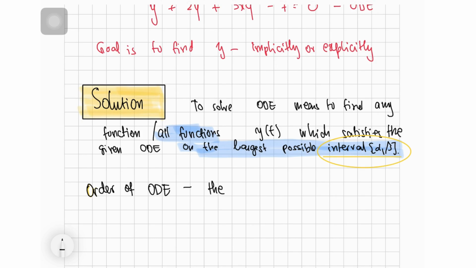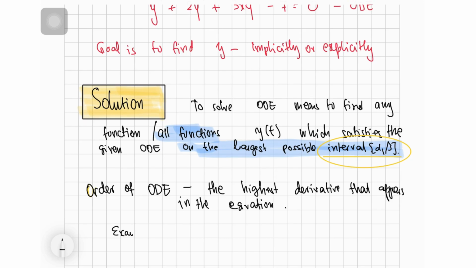The order of an ODE is the highest derivative that appears in the equation.